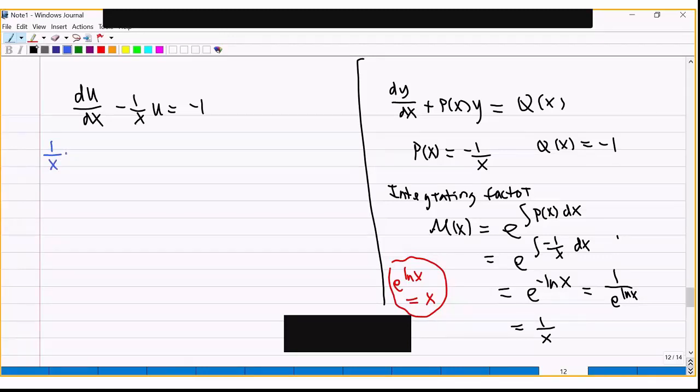This side, multiply du/dx by 1 over x, then minus 1 over x u multiplied by 1 over x again, and minus 1 times 1 over x gives minus 1 over x. Let's use the same color, multiplied by the integrating factor.